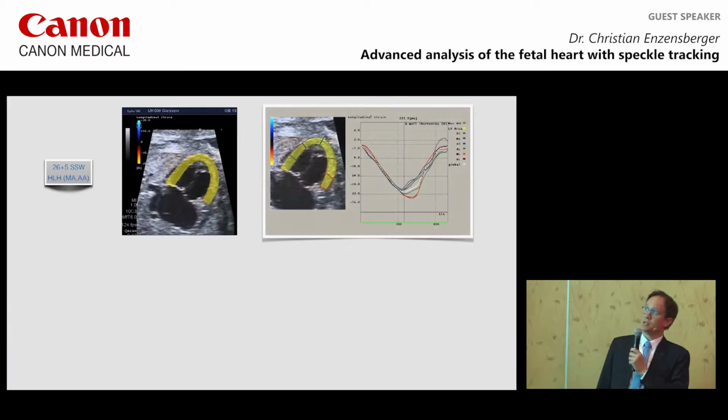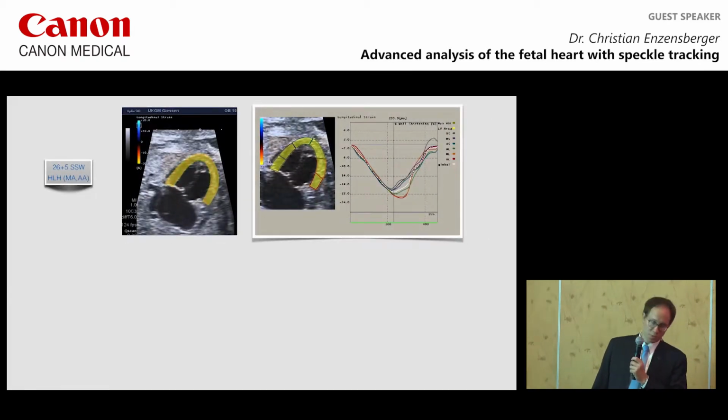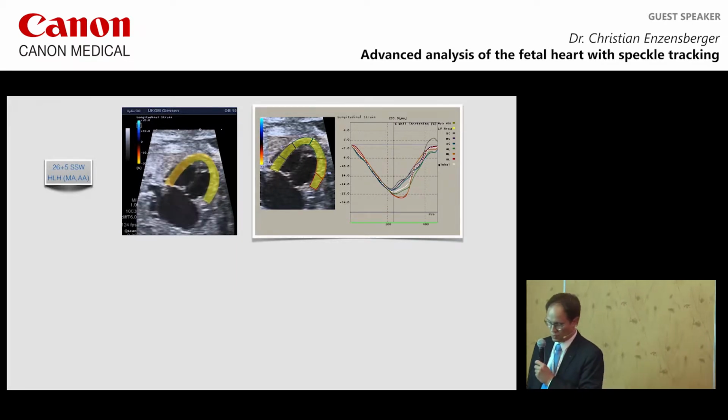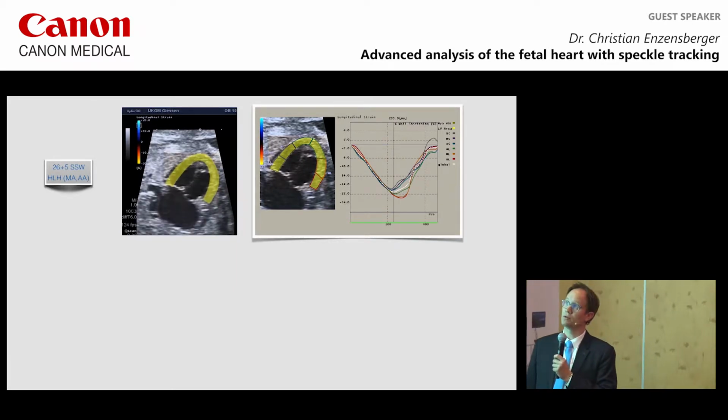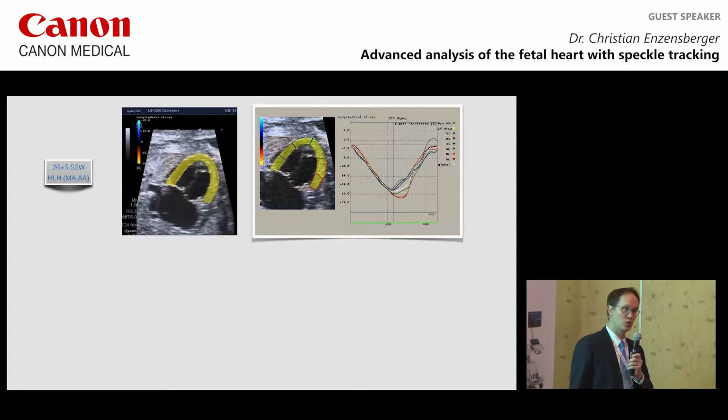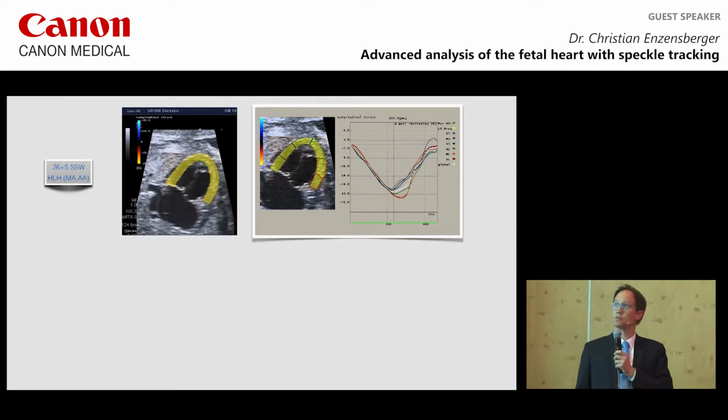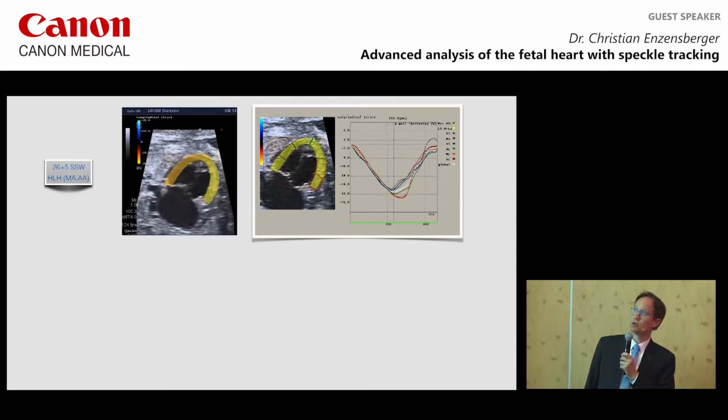Even when these pictures were performed or saved with the older version of this software solution, I want to show it to you here.